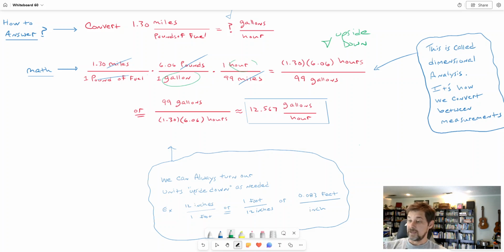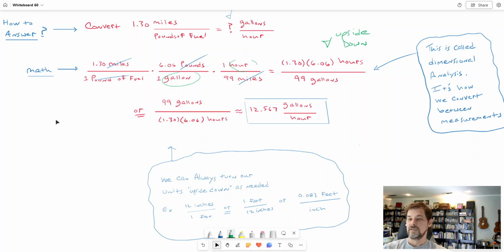So that's how fast, in terms of time, that the plane burns fuel. Okay? I went from knowing how fast in terms of pounds that the plane burns fuel, 1.3 miles for every pound of fuel, to how fast the plane burns fuel in terms of gallons per hour. All right? And that's what I wanted.